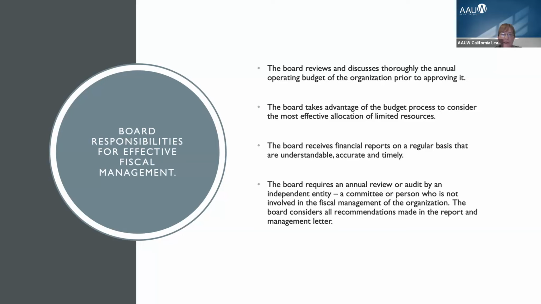The board does review and discuss the annual operating budget, and they really need to understand what the composition of it is, what's recurring, what needs to be planned for, if any changes need to be planned for. And the treasurer is so important in creating that information.